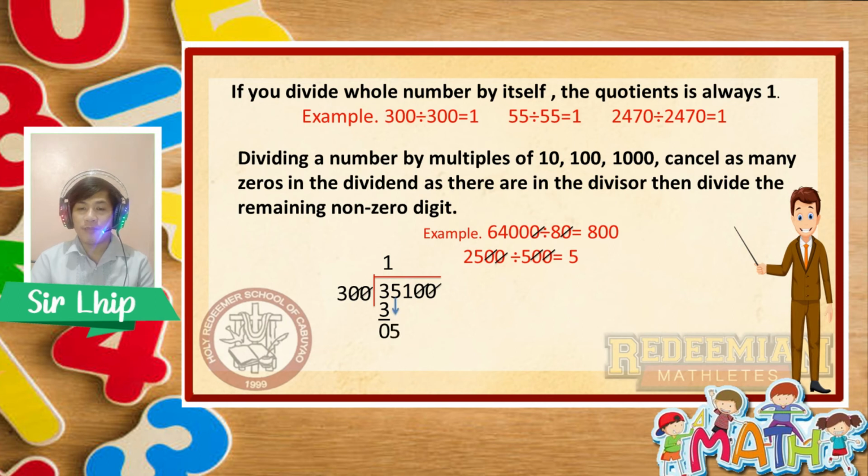Then 5 divided by 3 equals 1 again. Then 1 times 3 equals 3. Then subtract 5 minus 3 equals 2. Bring down 1. Then 21 divided by 3 is 7. So 7 times 3 equals 21. And 21 minus 21 equals 0. So the answer is 117.